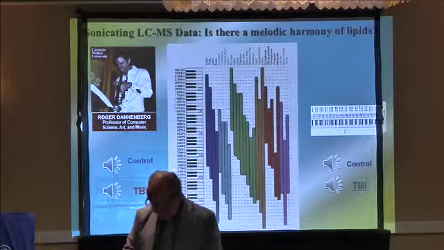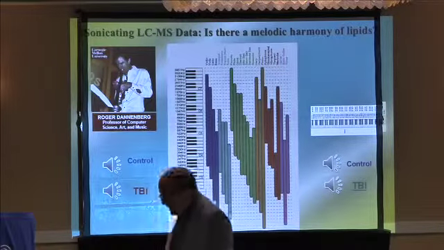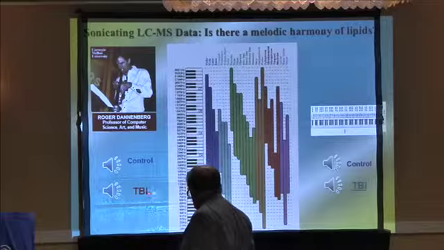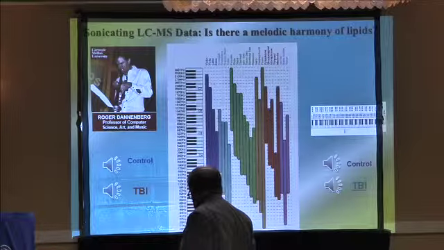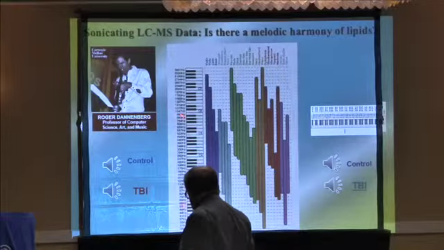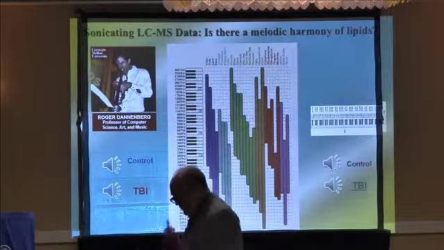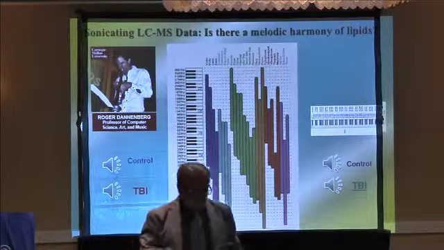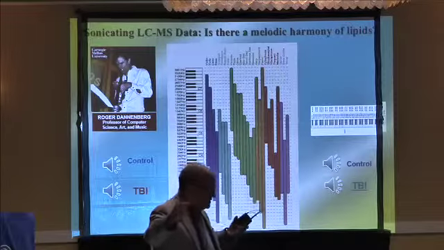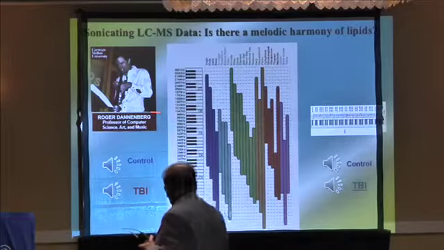It struck me that the masses of cardiolipins are up to, let's say, 2,000 Daltons, and the frequencies of the music that we hear are approximately in the same range, particularly if you look at the piano.